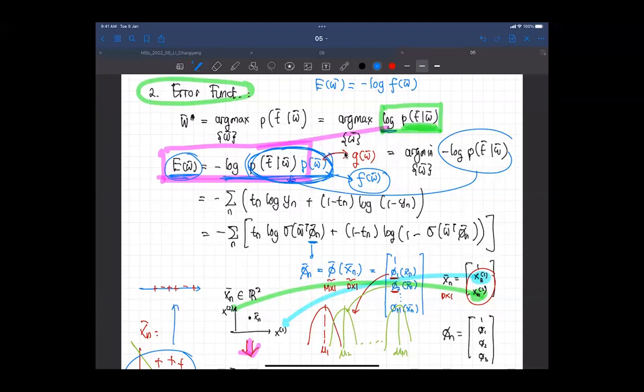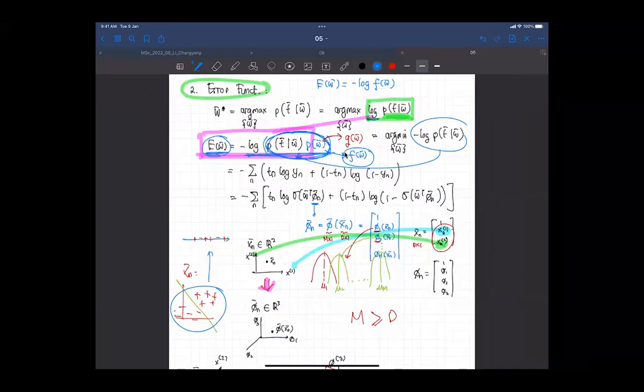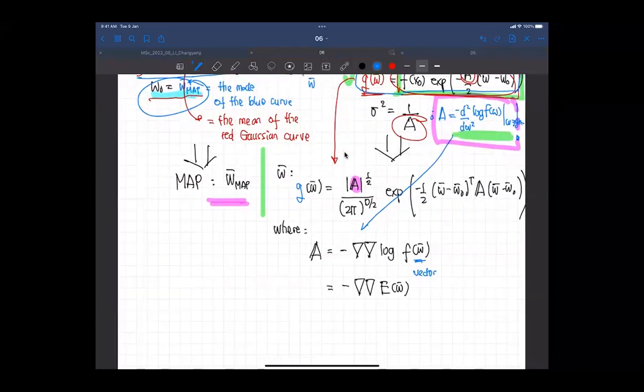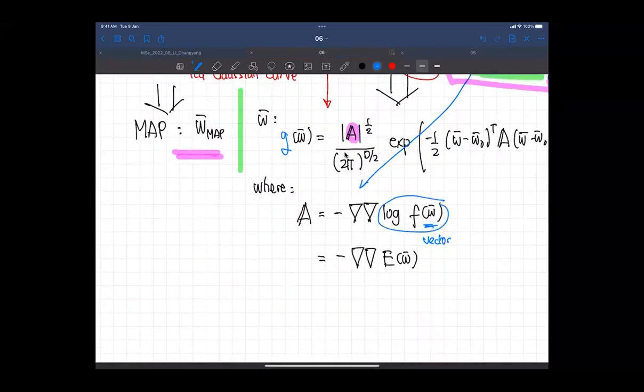Any questions here? Anyone don't understand this? Okay, keep that in mind, because we use this one, log F. Now I change this into E.